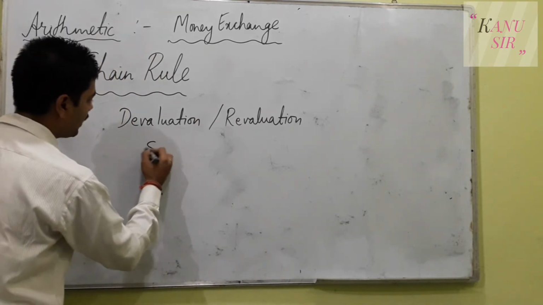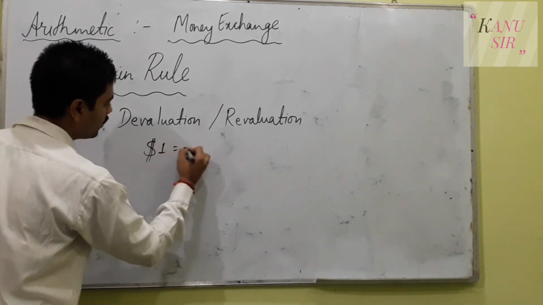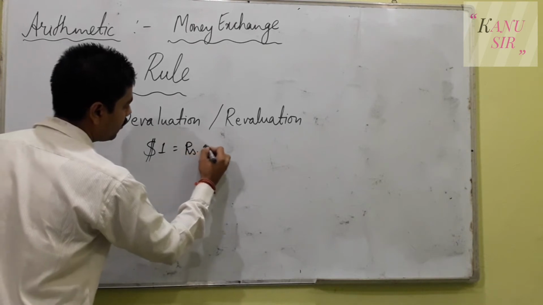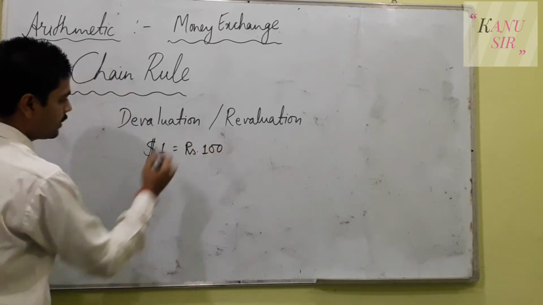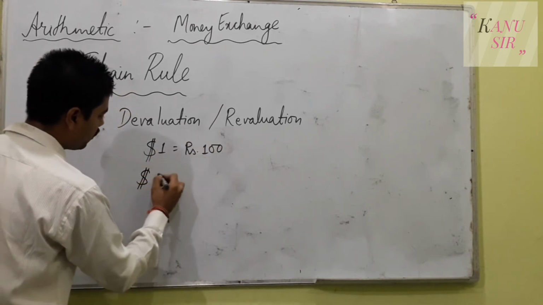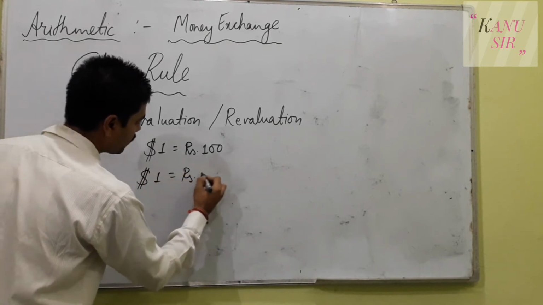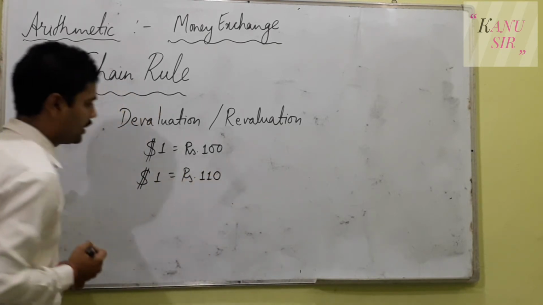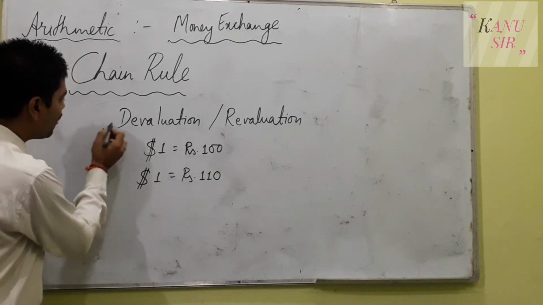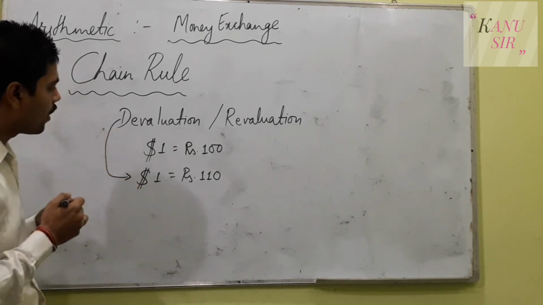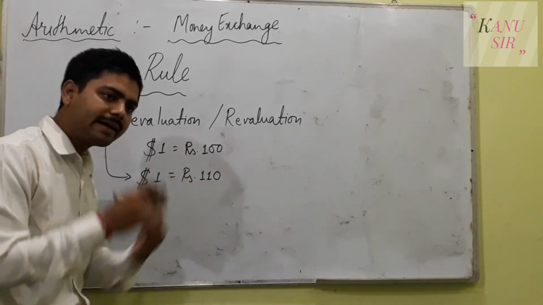You can say again here, $1 is equal to 100 rupees, and if it changes into $1 is equal to 110 rupees, it means it is devaluated. The value of rupees has decreased.